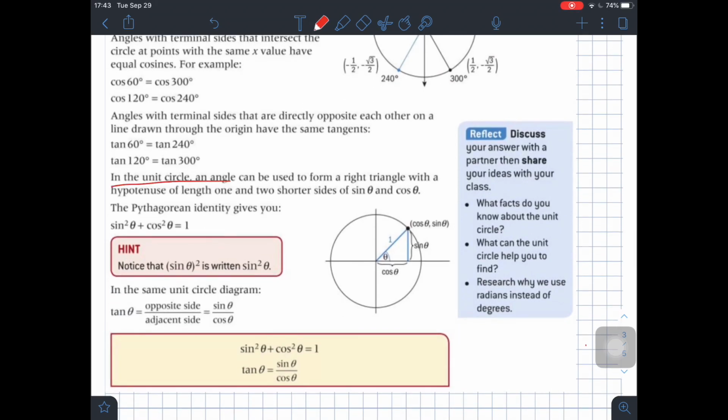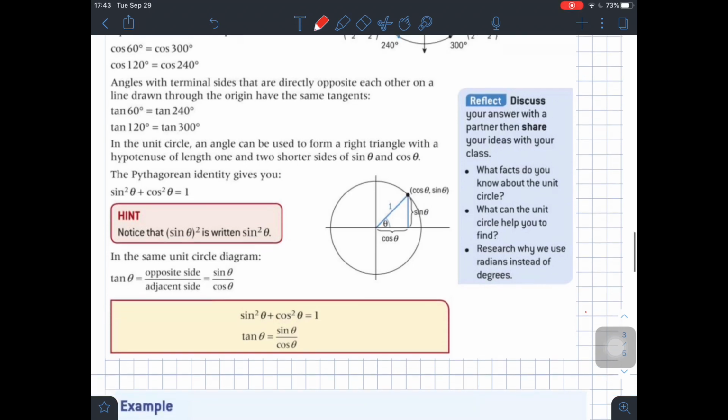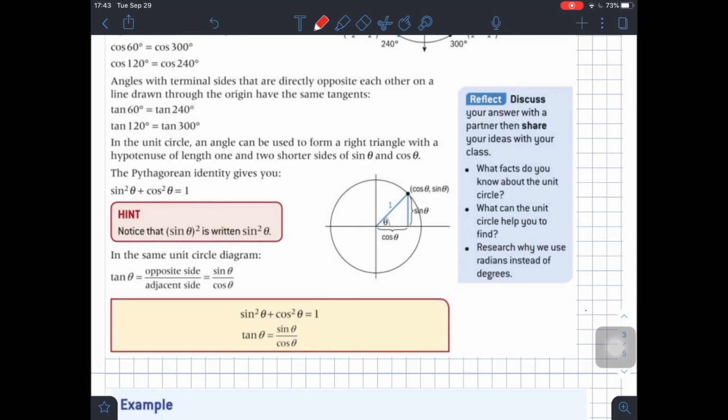Then it says, in the unit circle, an angle can be used to form a right triangle with a hypotenuse of length 1 and two shorter sides which have lengths sine of theta in y and cosine of theta in x, right? So from this picture, you can establish the Pythagorean identity, which is the one new formula we're learning today, right?